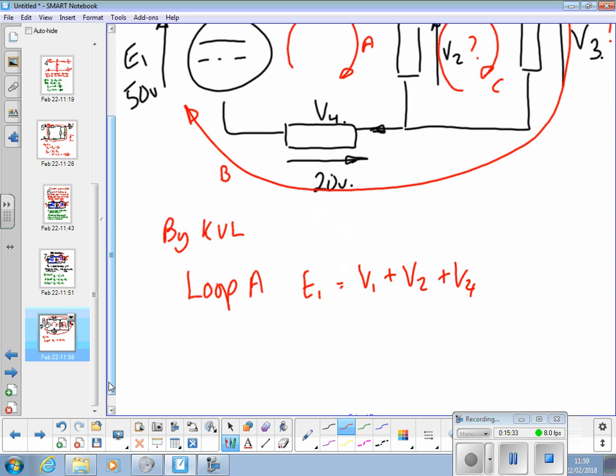The unknown in that is V2. So V2 is equal to E1 minus V1 minus V4. It's 50 minus 10 minus 20 equals 20 volts. Yep.